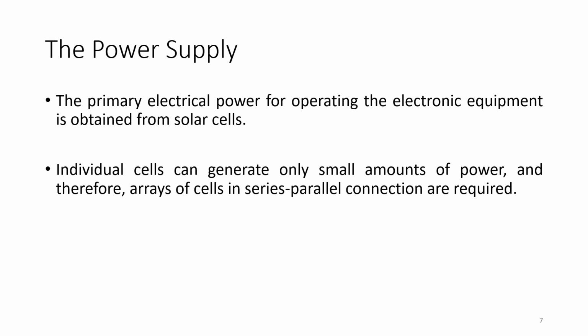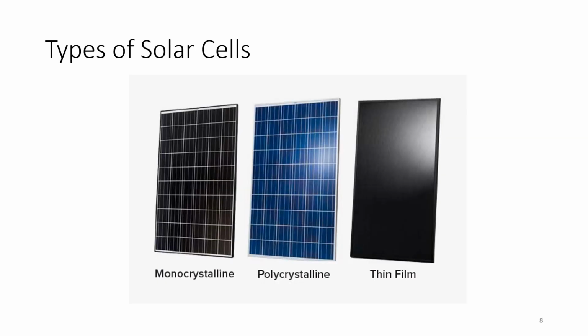Only then will we get enough power. If only a single cell were present, the amount of power available would be very small. But a satellite needs enough power to keep working for the required period, so we need arrays of cells to give a consistent power supply.